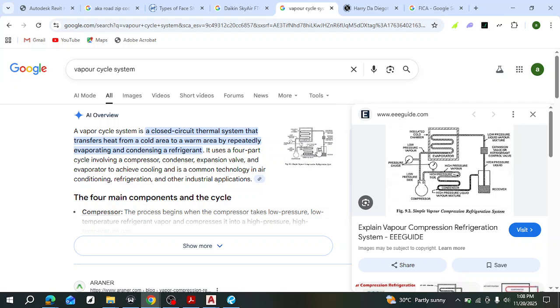So you see that it releases hot air. That is where the heat that you absorb from the conditioned space is being released. Then it drops in temperature, drops in pressure, and comes back to the space. There is the compressor for increasing the pressure, and the expansion valve for reducing the pressure. This is just a rough estimate because I believe that you understand what the cycle looks like. You do understand the cycle.